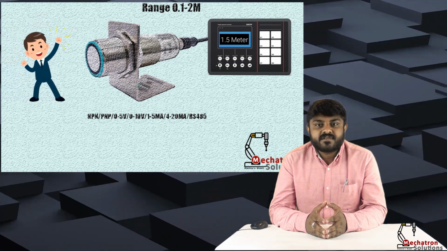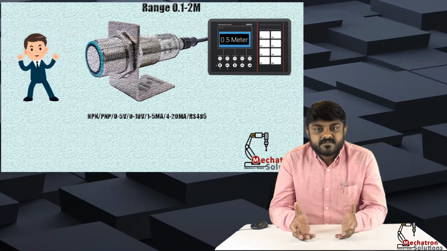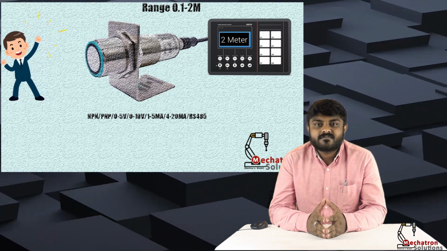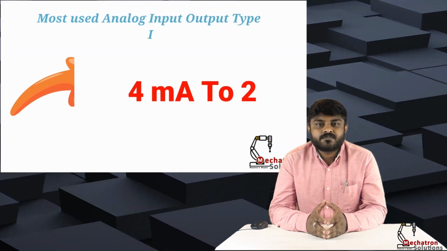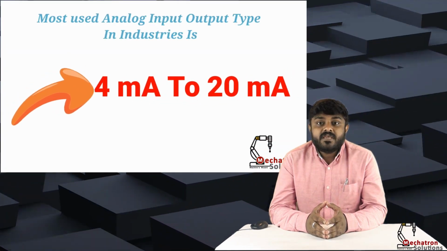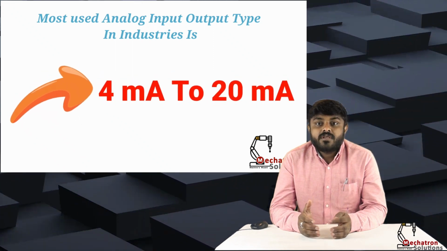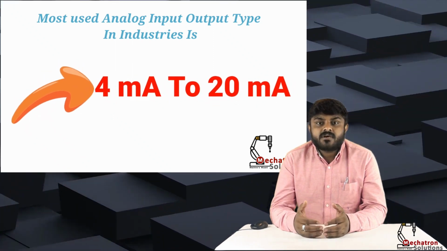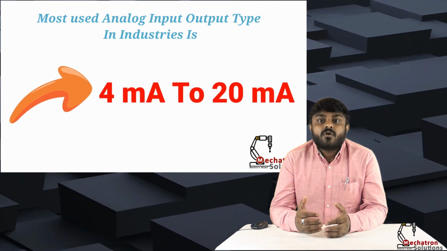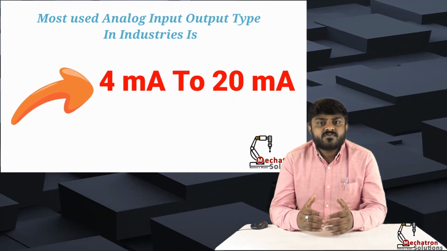An analog proximity sensor is used to measure distance. In industry or the instrumentation field, the 4 to 20 milliampere current range is the most popular.